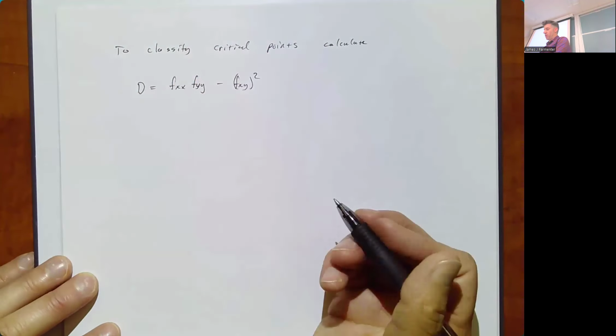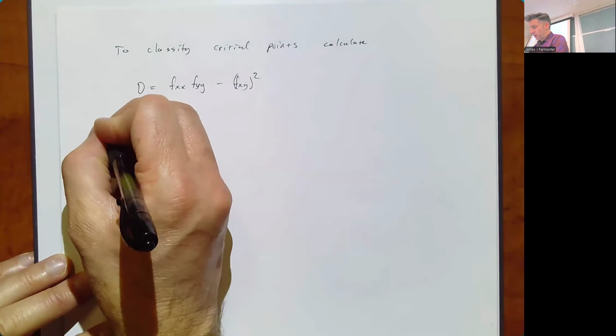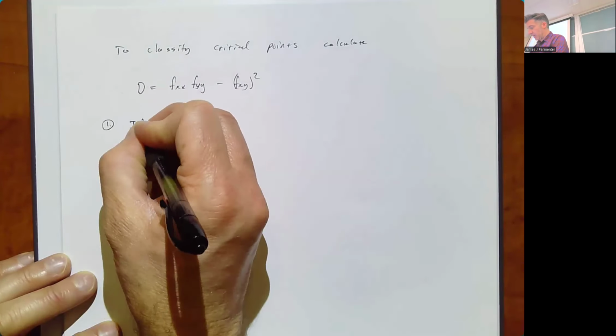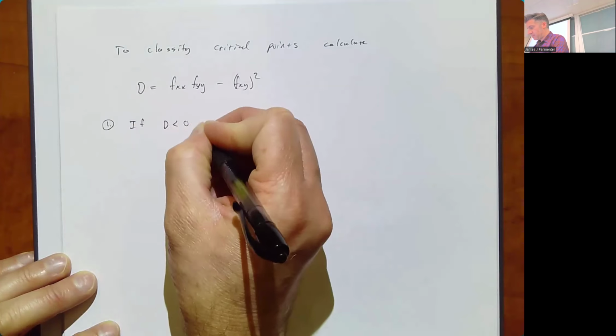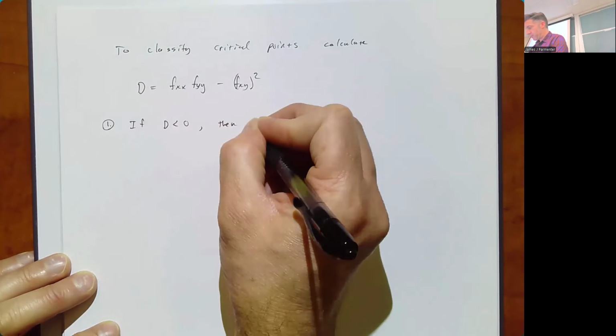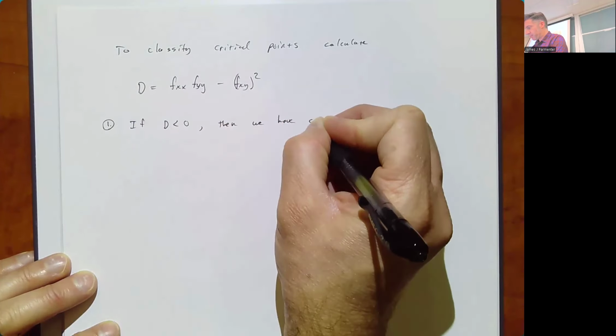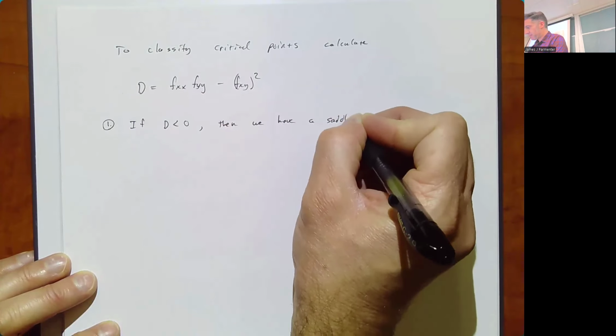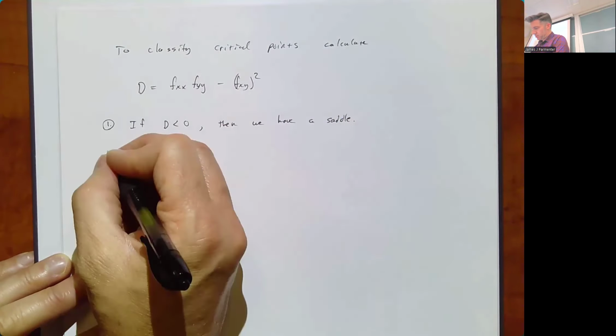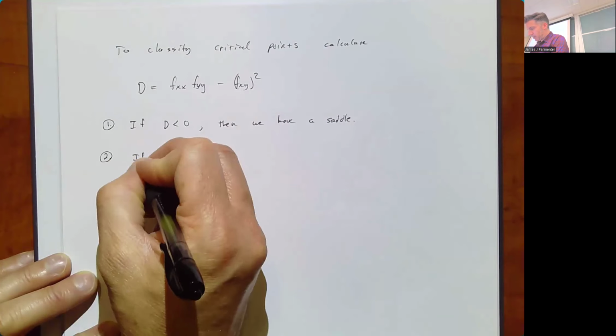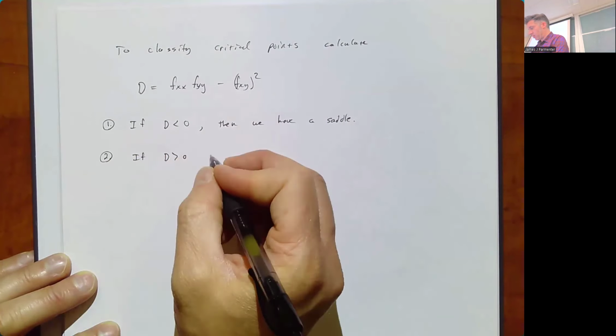And then you have essentially three options. One, if D is negative, then we have a saddle. If D is positive, then you have to do more work.